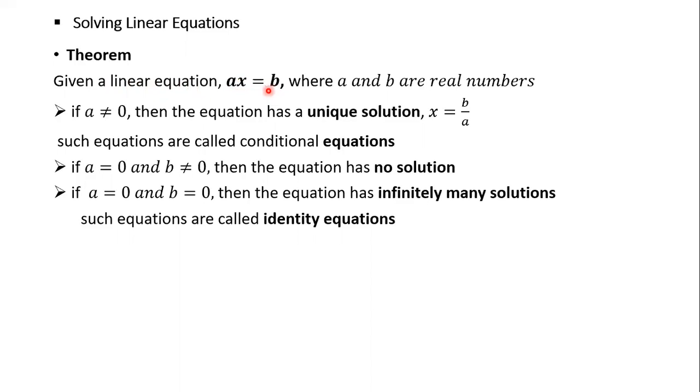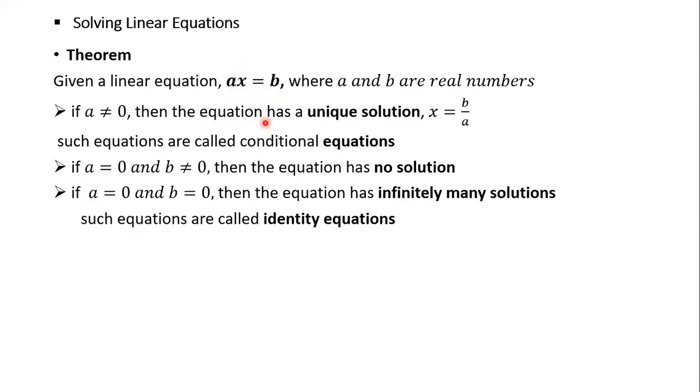Now, if A is not equal to 0, then the equation has a unique solution. That is, when A is not equal to 0, we can solve for X by dividing the left side by A and the right side by A. And that solution is called the unique solution.